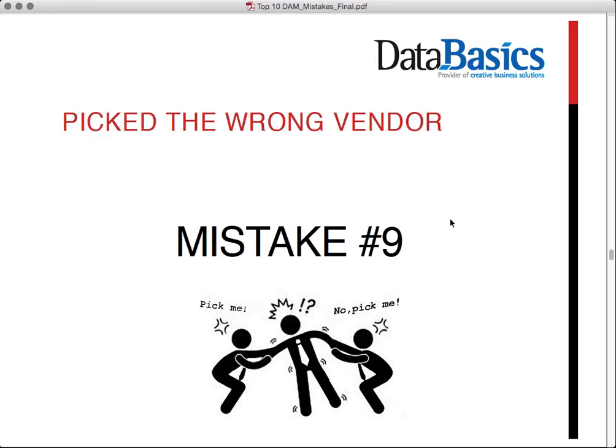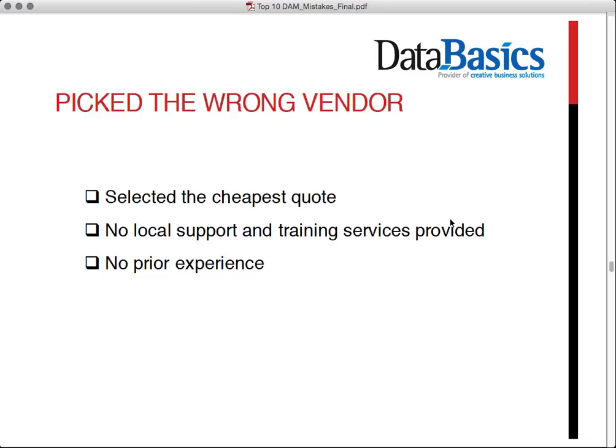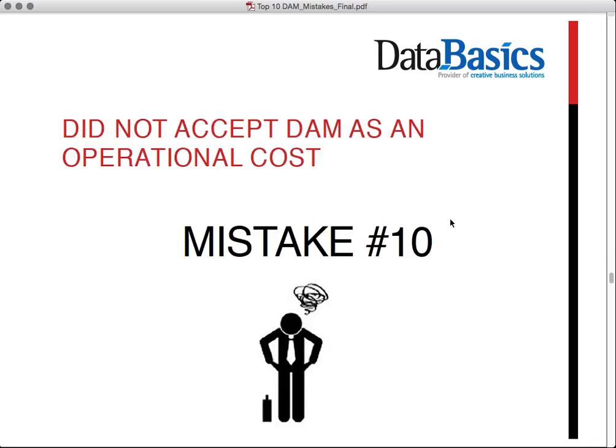Then, interestingly, I picked the wrong vendor, number 9. Now, that tells me that either everybody had really good processes of picking the right vendor and they didn't make this mistake, which is excellent, or they didn't highlight it during the process. Or maybe us DAM vendors out there are really good at looking after people. I would have thought this would have rated more highly in the responses, but it was not one that many people chose.